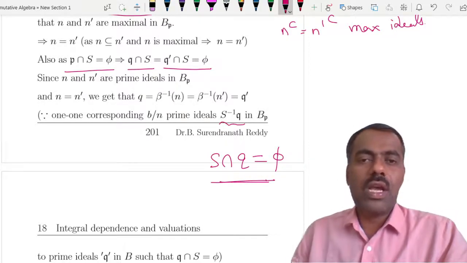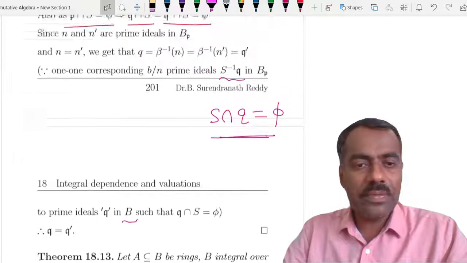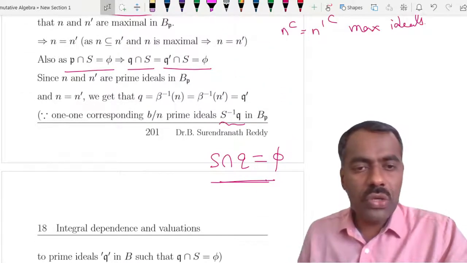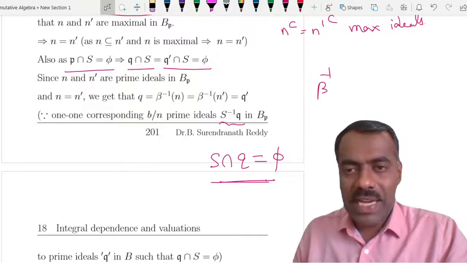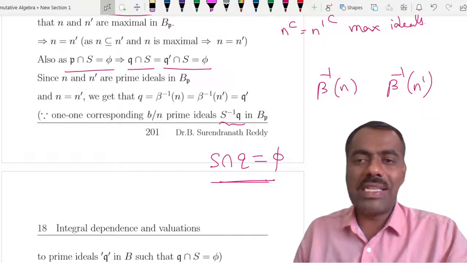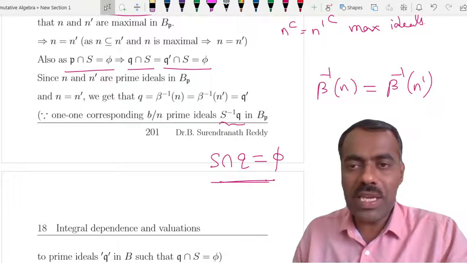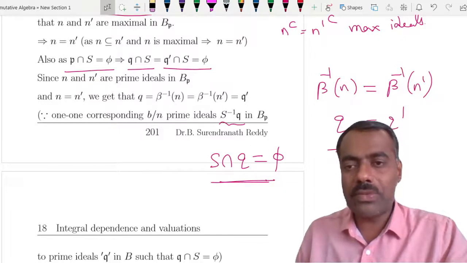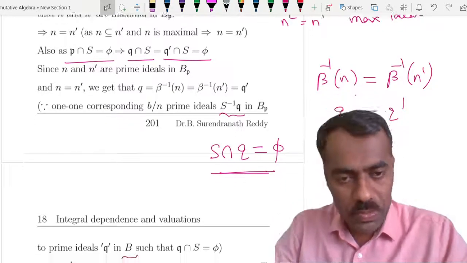So using that fact, why are Q and Q prime equal? Because beta inverse of N and beta inverse of N prime, since N and N prime are the same, should be equal. But this is nothing but Q and this is nothing but Q prime. So we get that Q is equal to Q prime, right?